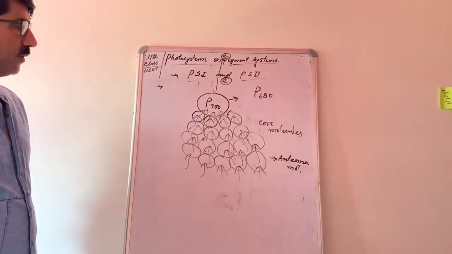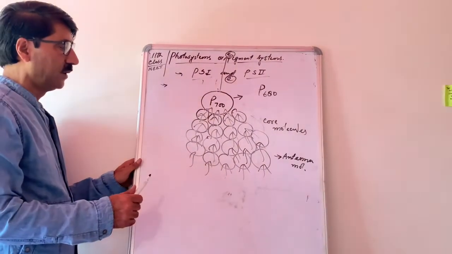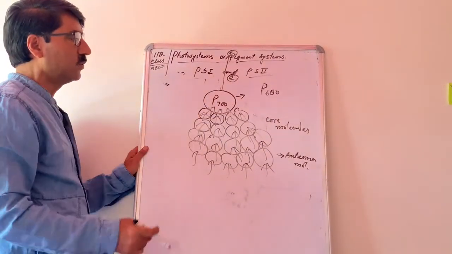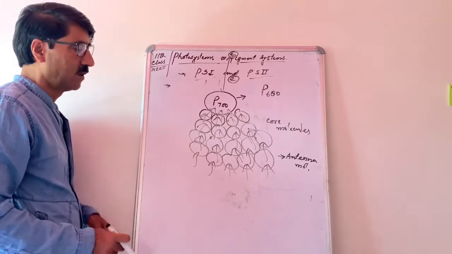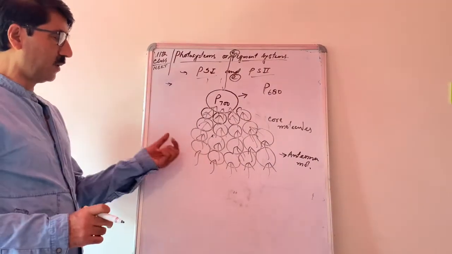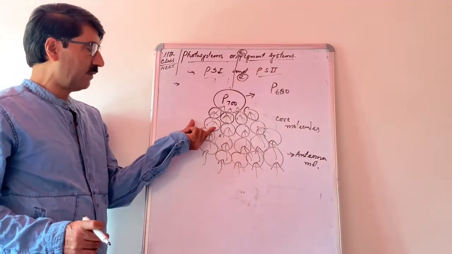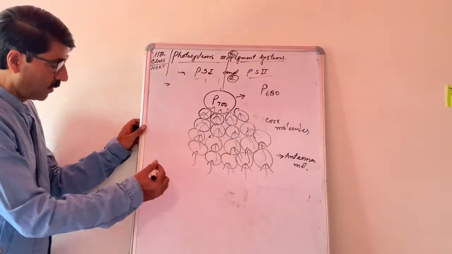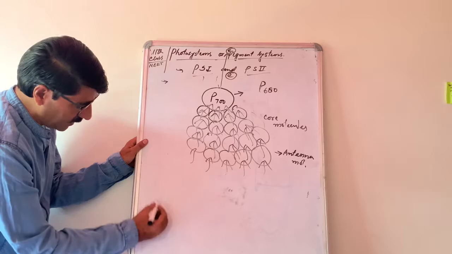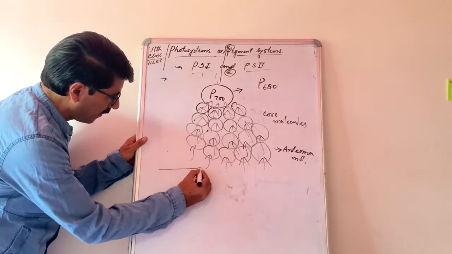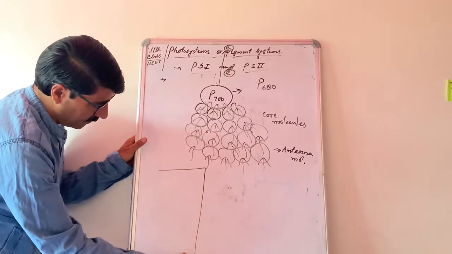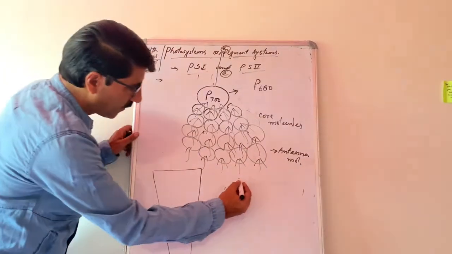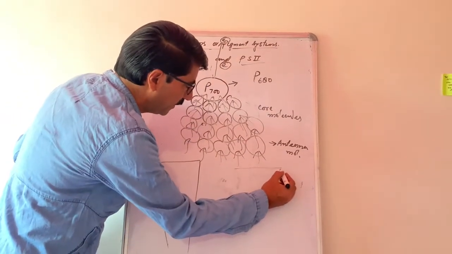Now first we will take the distribution of the pigments in the two pigment systems. We can't take all the pigments, especially we will have a look at the distribution of chlorophylls. If I take this in an inverted cone form, it is simple to remember.